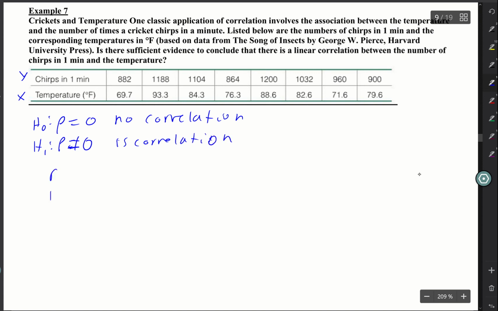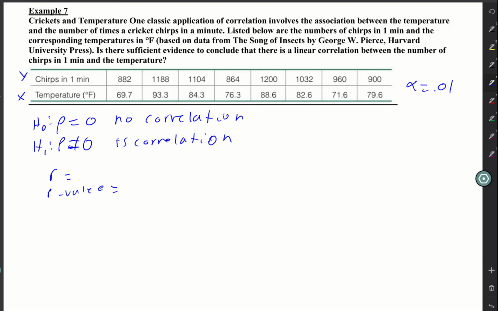I want the R and the p-value. And just to change it up, because I forgot to type one in, we're going to use alpha equal to 0.01. On the exam, I will have it typed in so that if you need an alpha, it'll be given. I just forgot when typing this that I didn't include one.